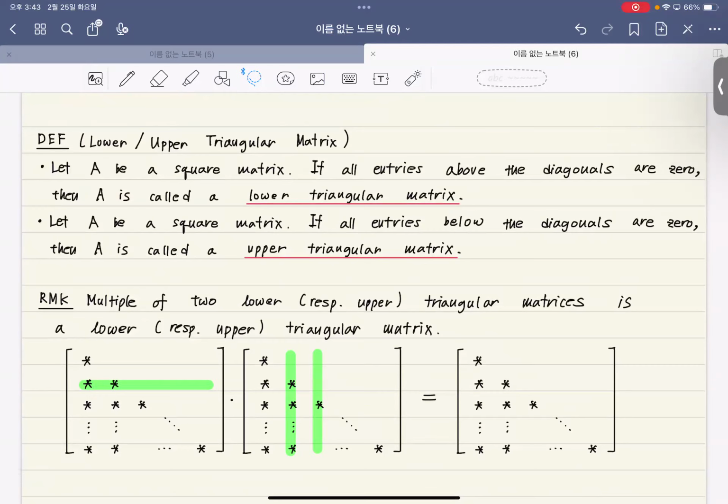What is the upper triangular matrix? So suppose that I have some square matrix. So A is the square matrix, and if all entries above the diagonals are 0.